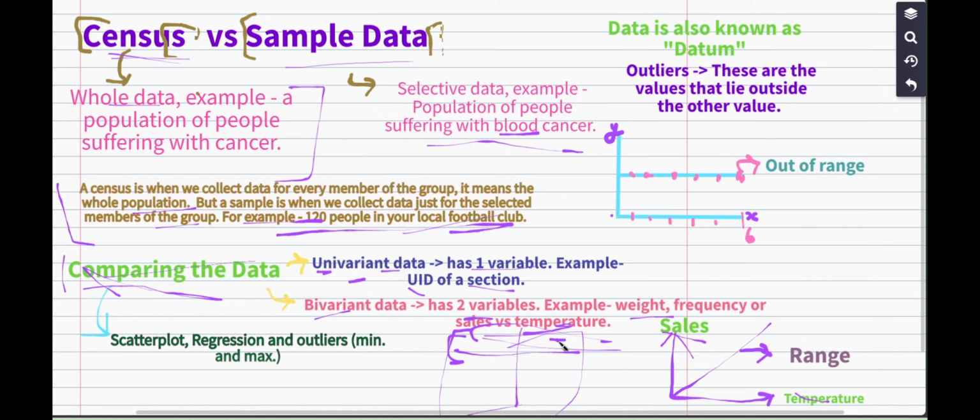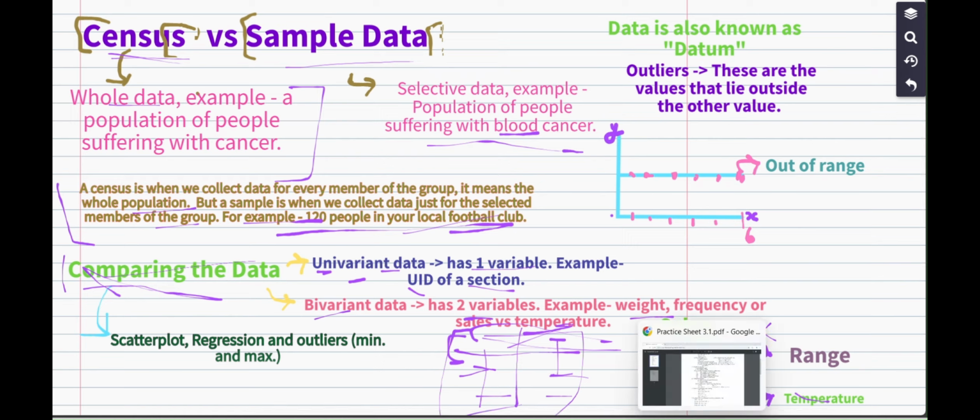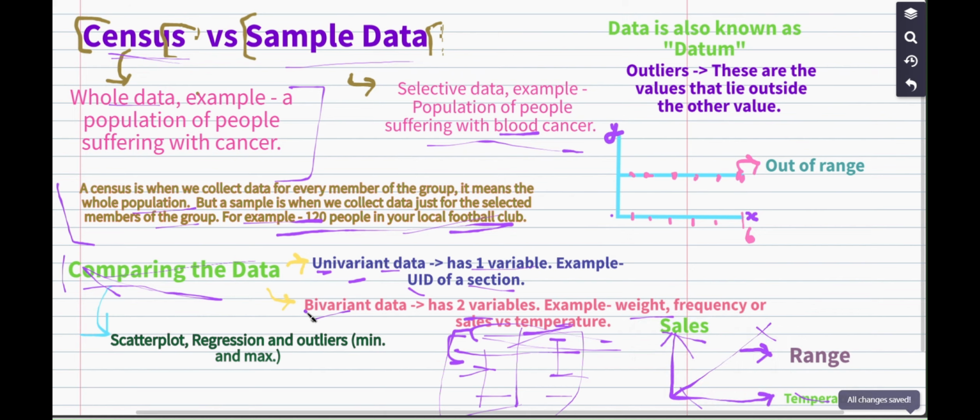I noted some points, that this much sales happened at this temperature, this degree Celsius, right? So I made a table of particular values of sales and temperature, and I made a particular graph. This graph will have a particular range, that is the difference between the maximum and minimum value, right? So this is basically a bivariant data, right?